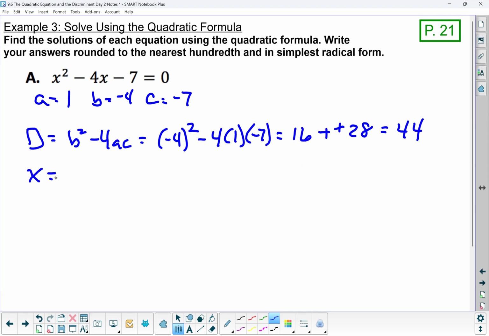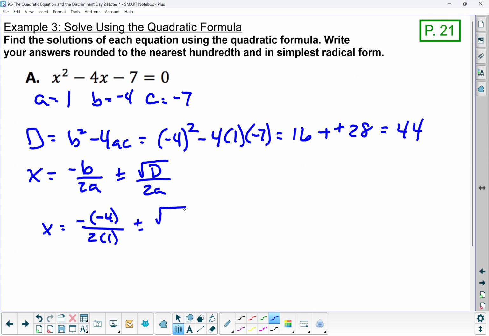Now to find the 2 solutions, I'm going to take the opposite of b divided by 2a, plus or minus the square root of d over 2a. So the opposite of negative 4 divided by 2 times 1, plus or minus the square root of 44 over 2 times 1.